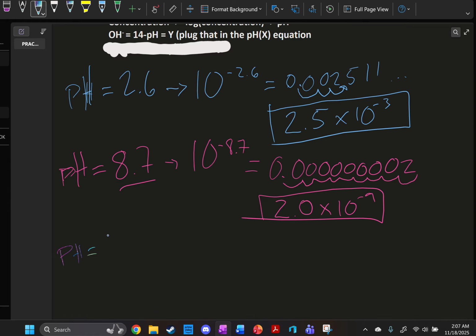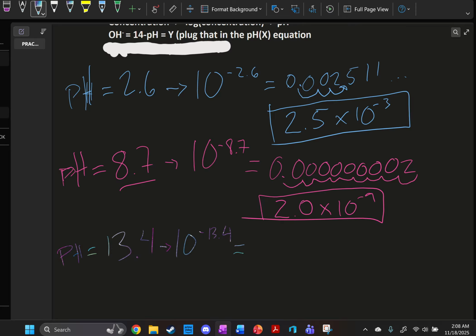Let's say we are given a pH of 13.4. We're going to spit that out into our 10 to the negative 13.4.